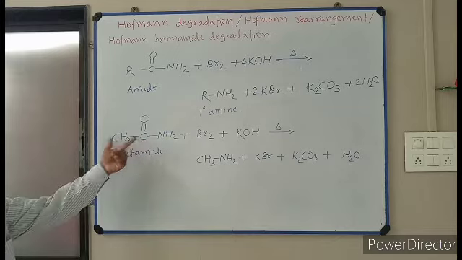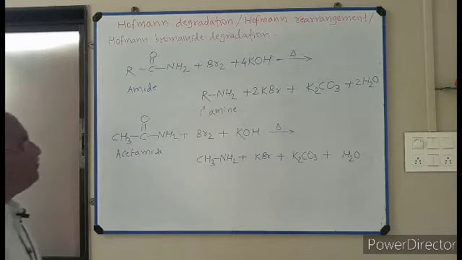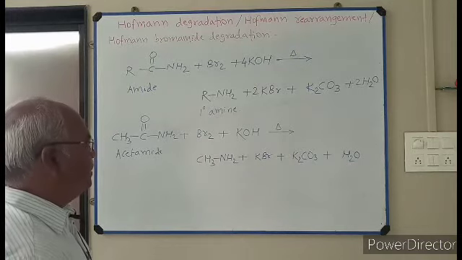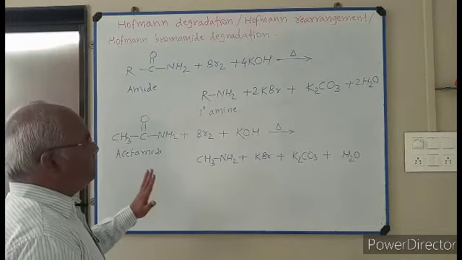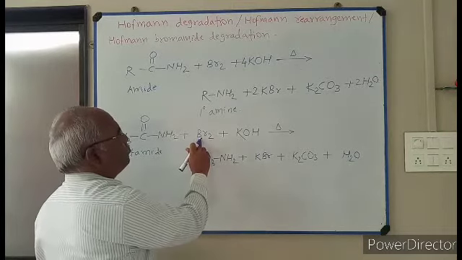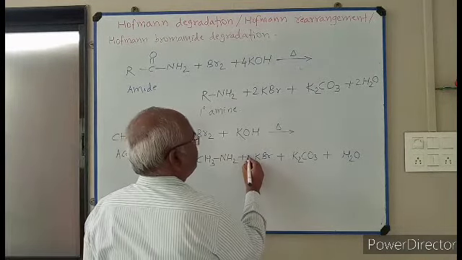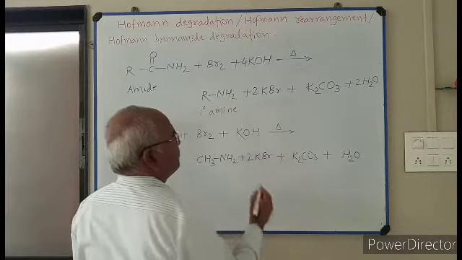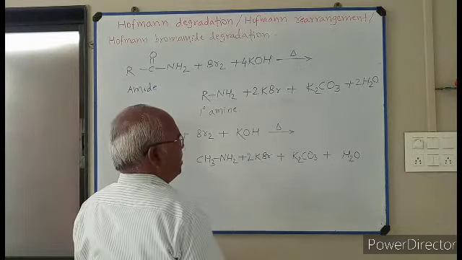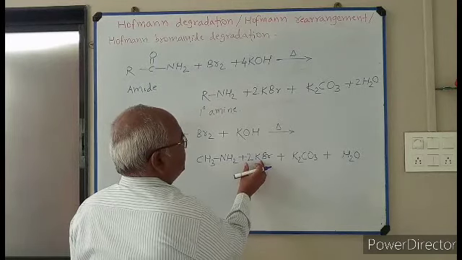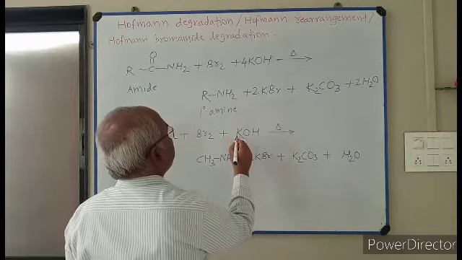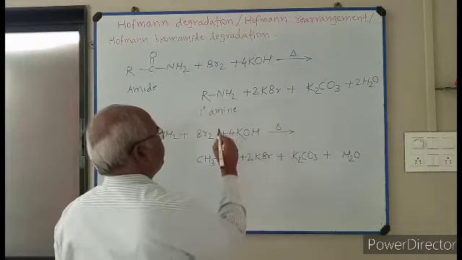Acetamide contains 2 carbons, whereas methylamine contains only 1 carbon atom. Balance this reaction. On the left hand side 2 bromine atoms are present, therefore take 2 KBr on the right hand side. On the right hand side the number of potassium becomes 4, therefore you write 4 KOH.